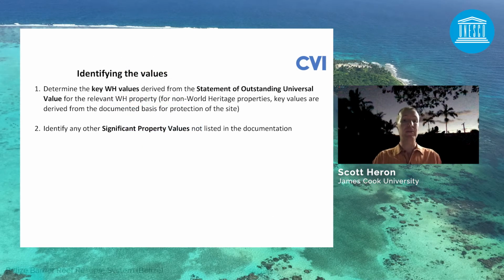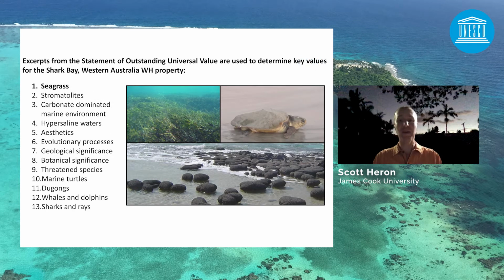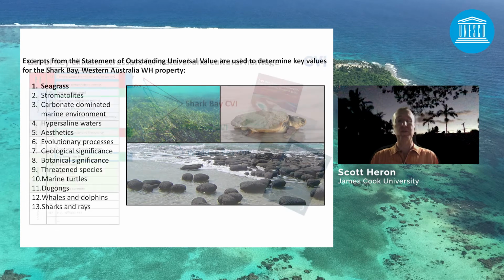Importantly, we determined the key World Heritage values. The great news is that for World Heritage, these are contained within the Statement of Outstanding Universal Value. To give you an example from one of our theme properties today, for our Shark Bay analysis, we looked at these 13 key values derived from the Statement of OUV.